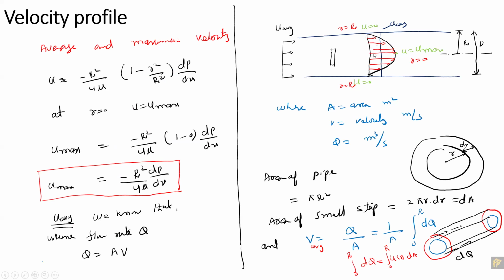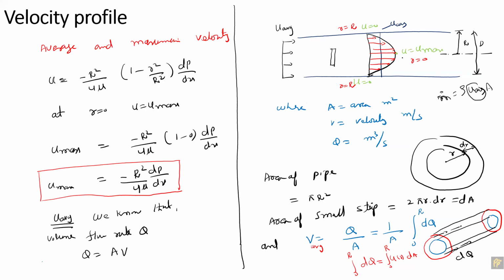This is the velocity that should give you the flow rate you are getting at the inlet. So m dot is given by rho, u average and the area. Area is constant, density is constant, so u average is also constant. This should be the same along the whole pipe length.